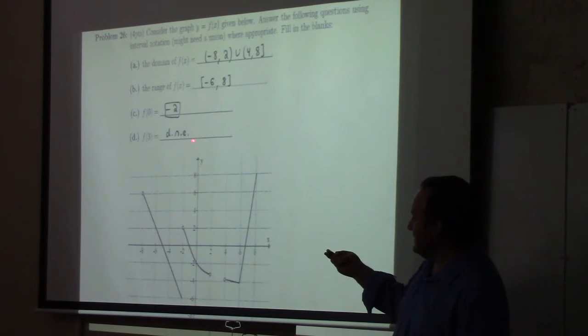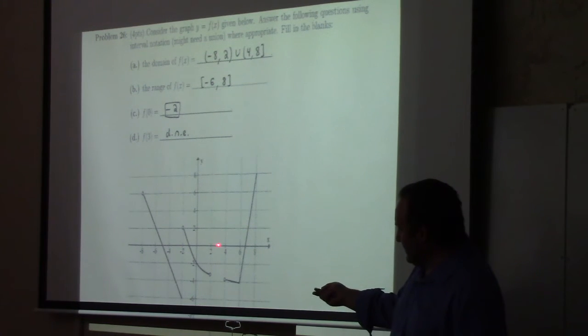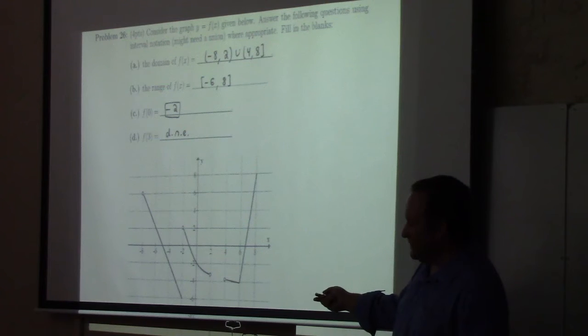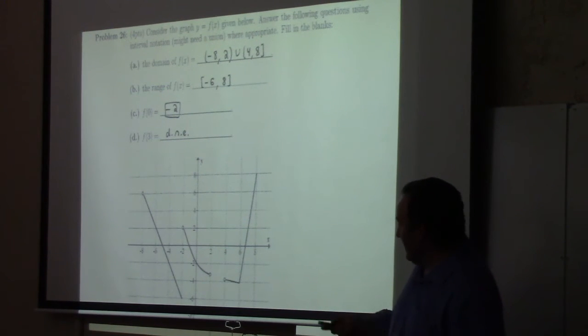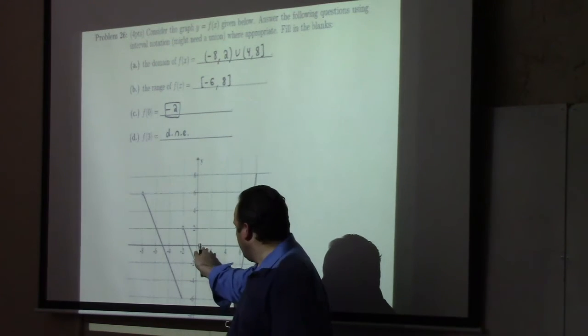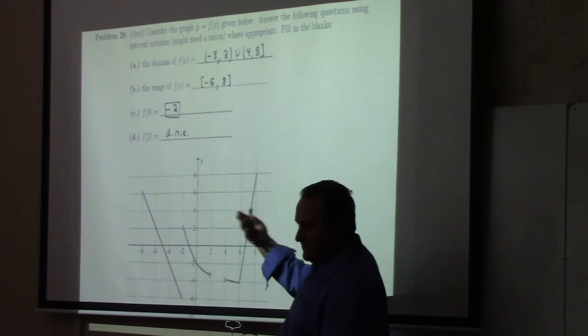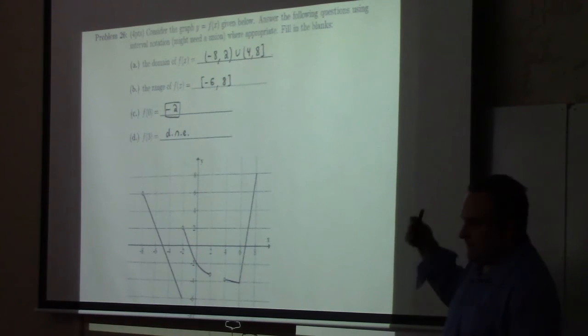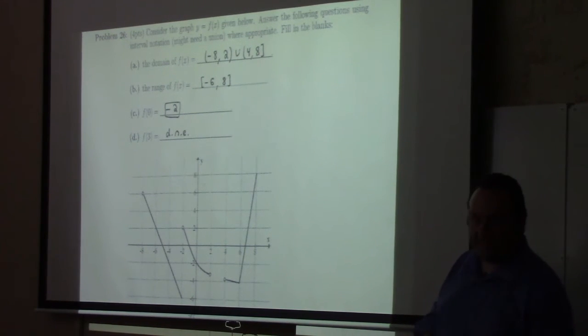It doesn't exist because 3 is not there. When we look at x equals 3, the function doesn't tell us anything. Going from 2 all the way over to 4, we have no information about the function. So since this is the only thing we know, we assume that the function's not defined there.